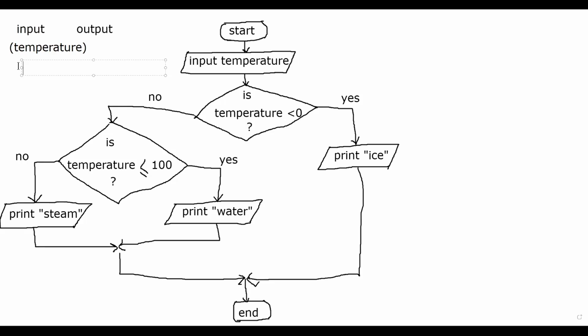So the inputs are, let me take a different color. Let's say 25, let's say 50, let's say 85, 100, 105. Can you give me what will be the output for the given temperature value according to this?